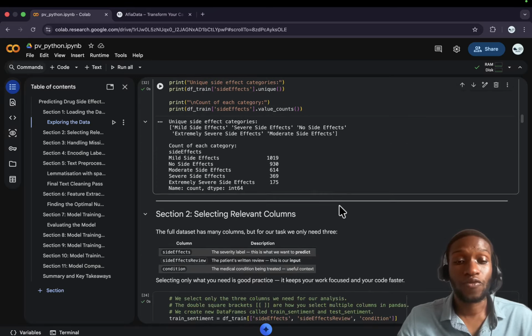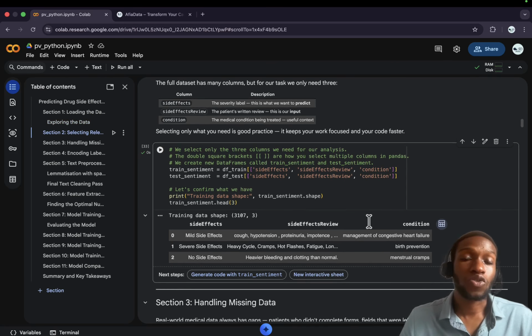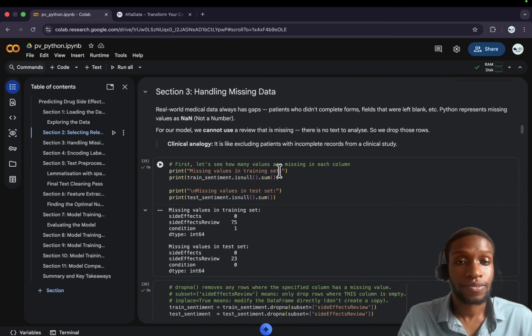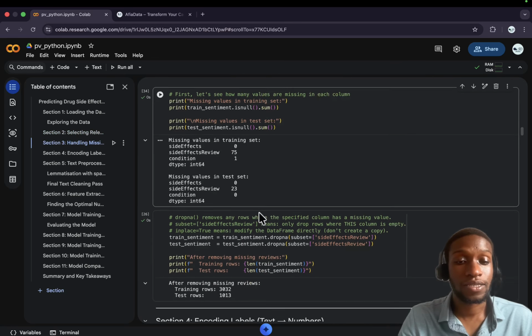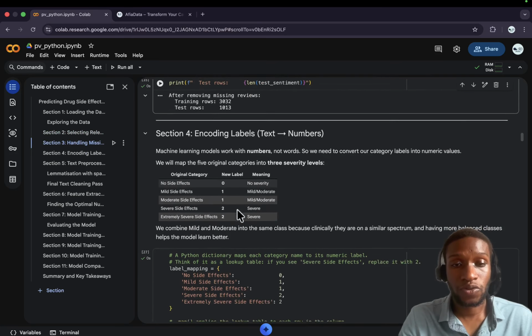You want it to be in a format that can help you get outputs or do analysis that you can communicate to your different stakeholders. Then we had seen how to handle missing data like this. I'm just running through this because we covered it in the previous video.